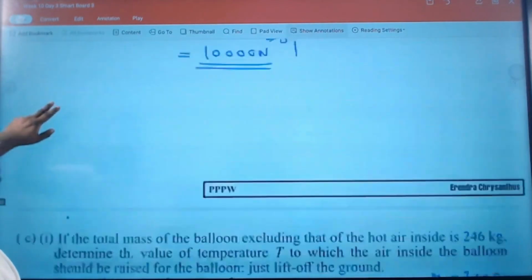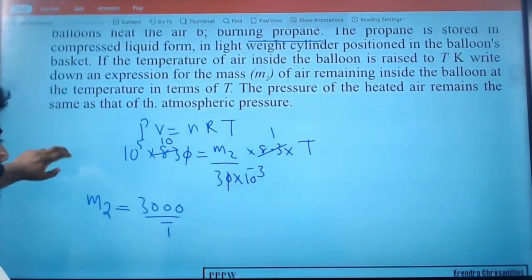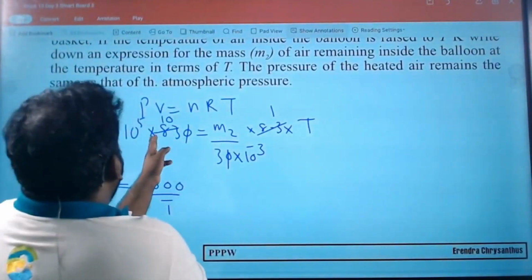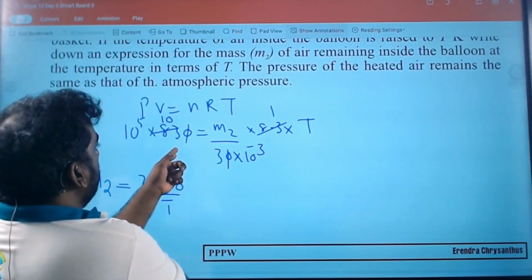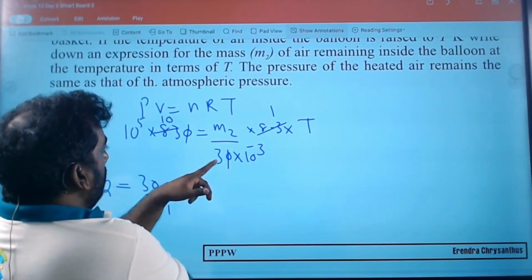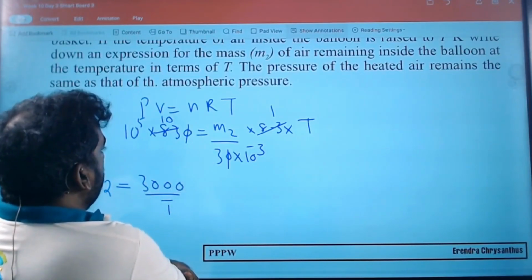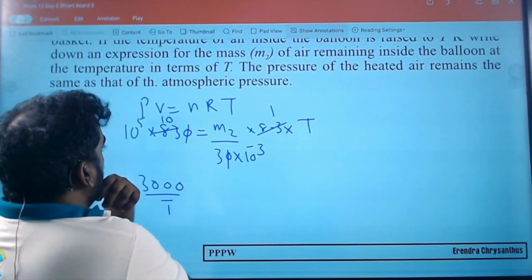We'll just look at this calculation again. Pressure, 830, M2, 8.3. The zeros cancel off.